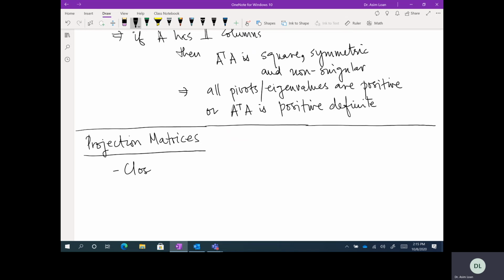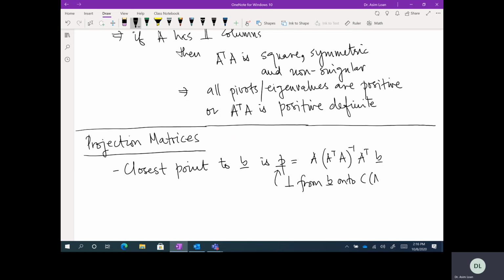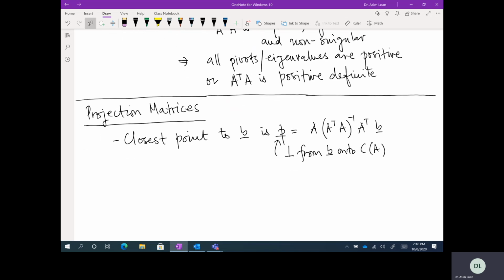The closest point to b is p, which is equal to A times A transpose A inverse times A transpose b, and this p is the orthogonal projection of b onto the column space of A. And the projection matrix P is A times A transpose A inverse times A transpose.